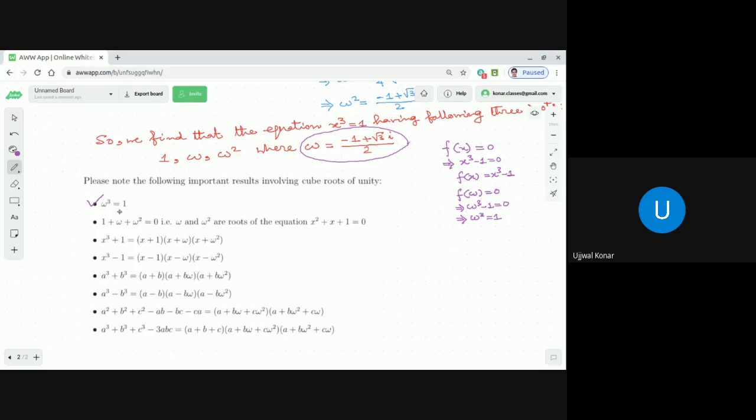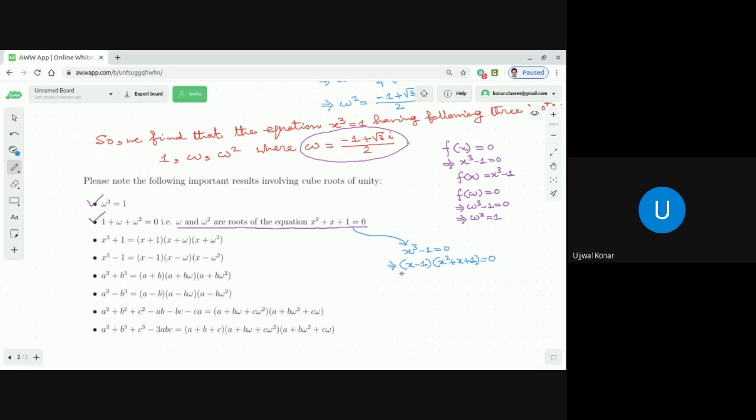The second point is that 1 plus omega plus omega square is equal to 0, where omega and omega square are the roots of the equation x square plus x plus 1 equal to 0. I would like to deep dive a little into this point. Our original equation was x cube minus 1 equal to 0. So from here, x minus 1 into x square plus x plus 1 equal to 0.